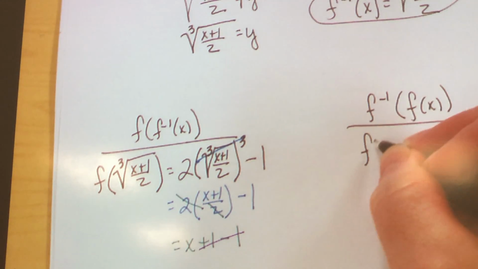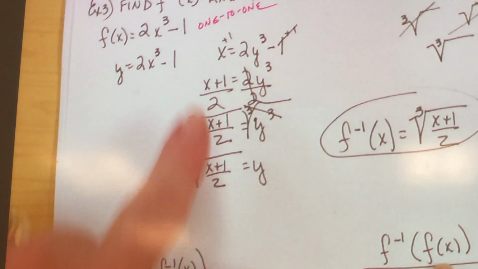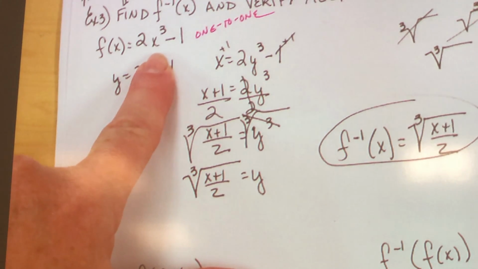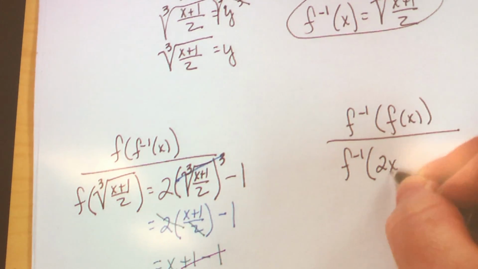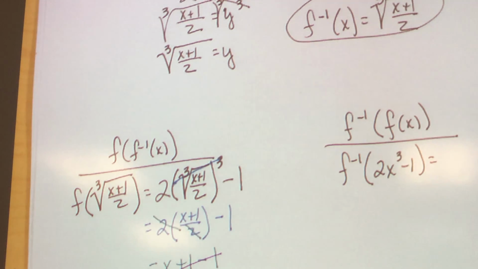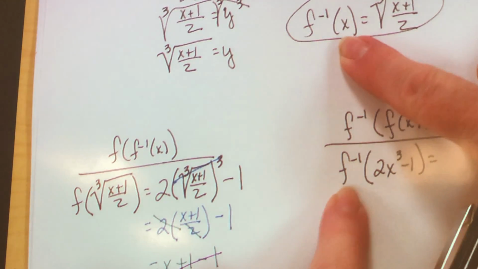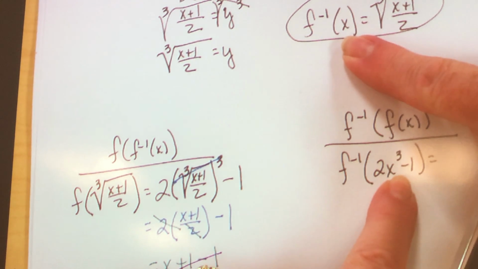Okay, so let's go over here. I'm doing F inverse of, and in here I'm going to put this f of x function: 2x to the third minus 1. Okay, so now I'm going to the inverse function. Here he is. In place of my x, I'm putting this mess right here.